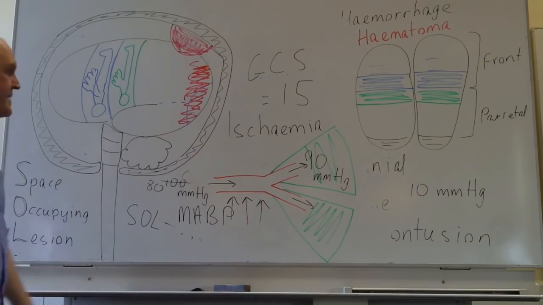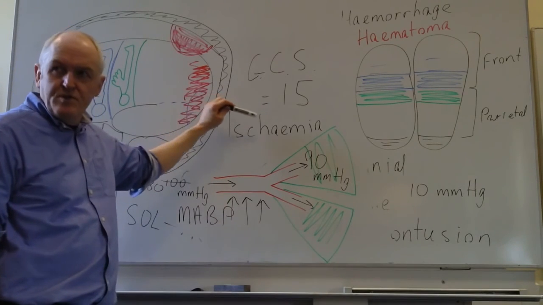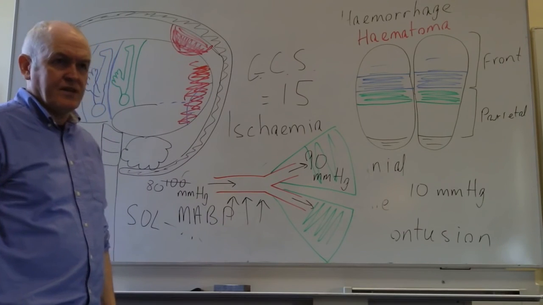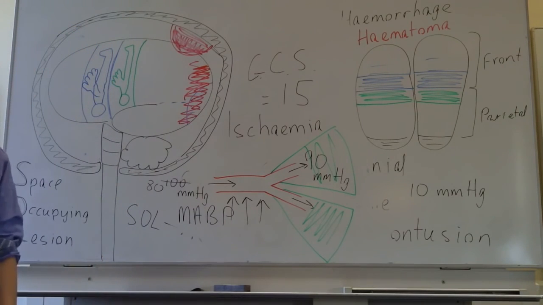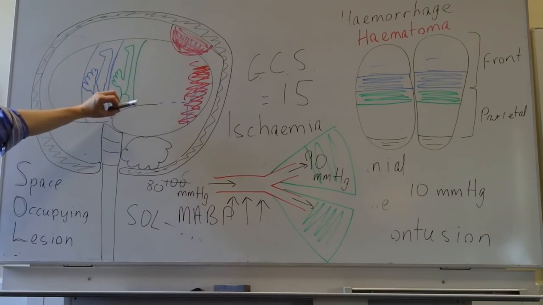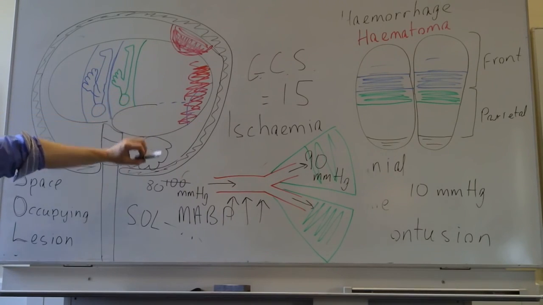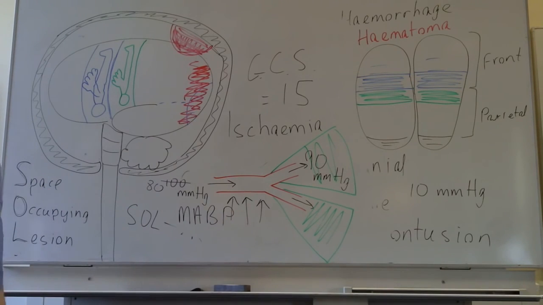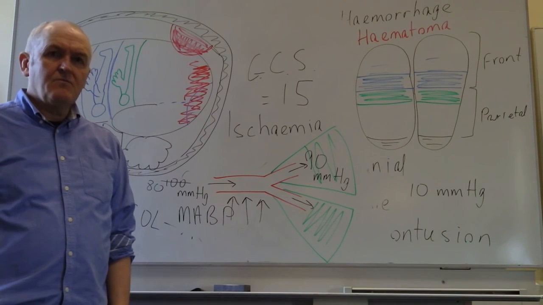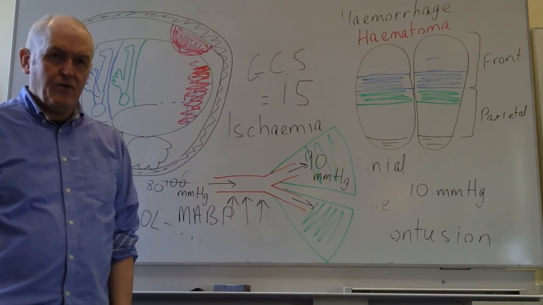The less blood supply gets to the brain, the less oxygen will get to the brain. There'll be cerebral hypoxia. Therefore, the brain can't generate consciousness as normal. Therefore, the Glasgow Coma Scale reading will go down. So as intracranial pressure goes up, Glasgow Coma Scale goes down.